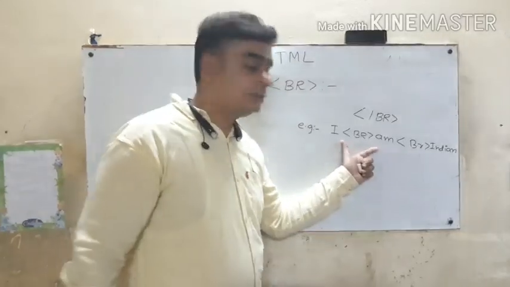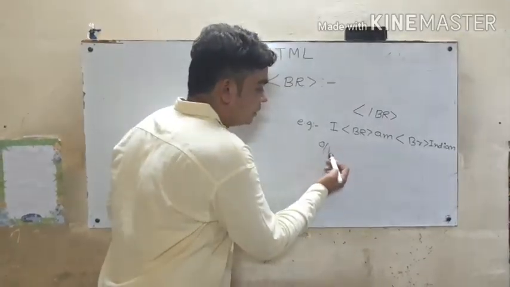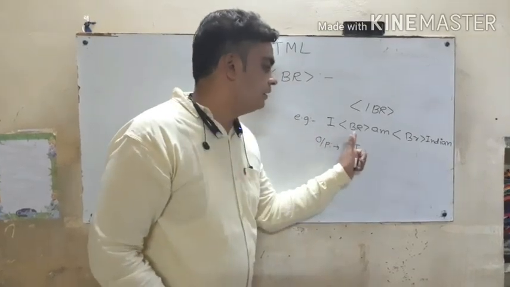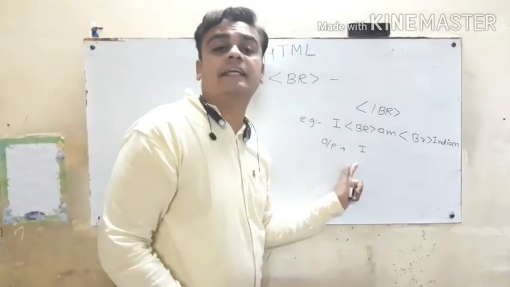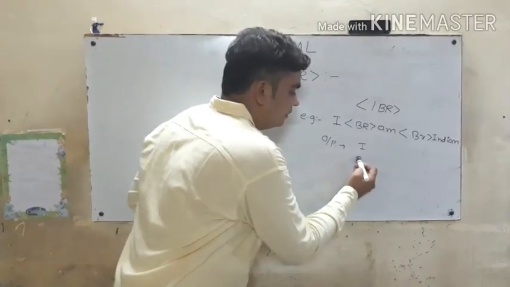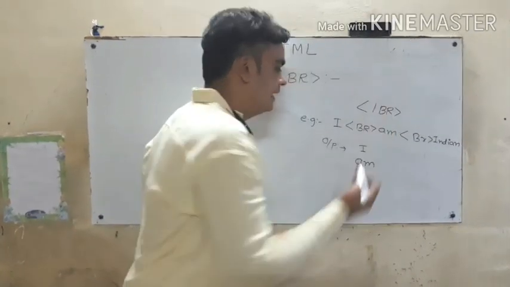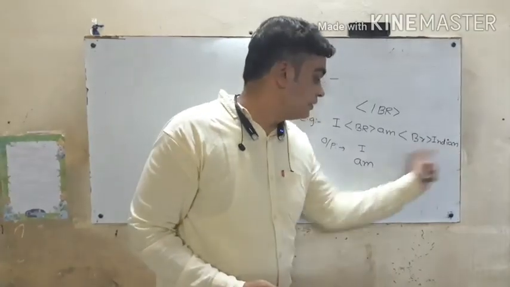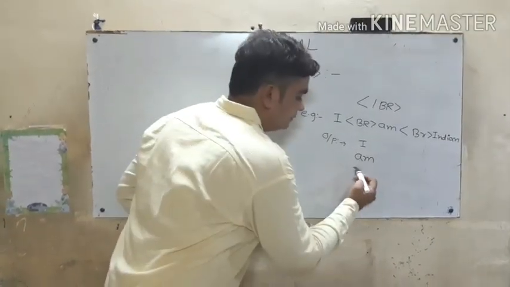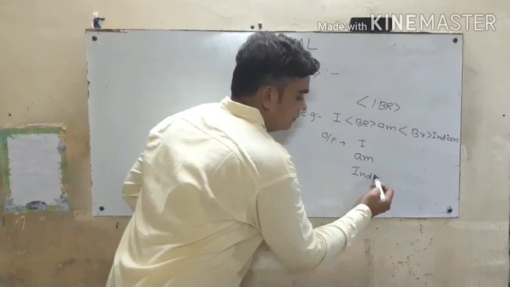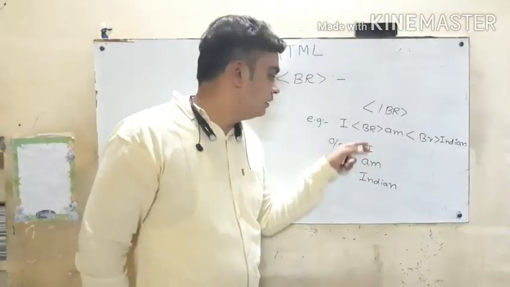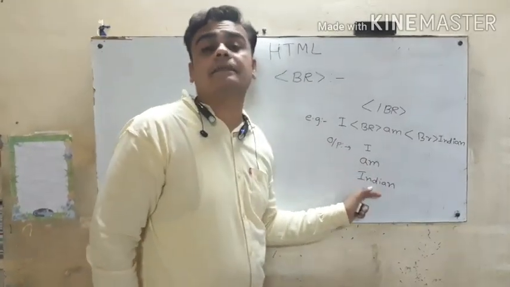What will be the output? It will show I, and what is the role of BR? The information will be moved to the next consecutive line. So M, and again BR is there, so this information moves to the next line. My output will be: I am Indian, displayed on separate lines.